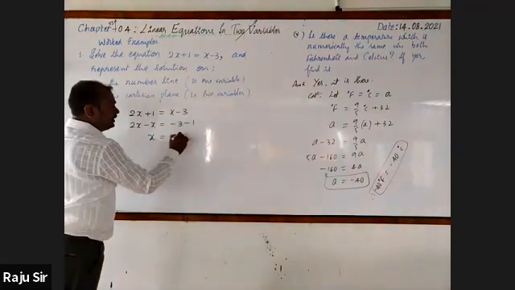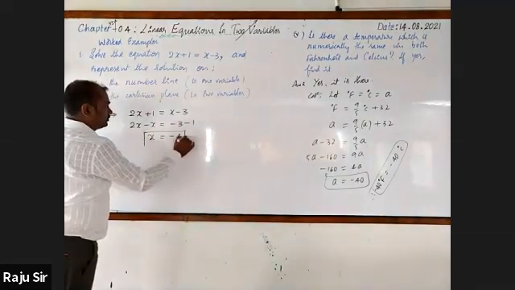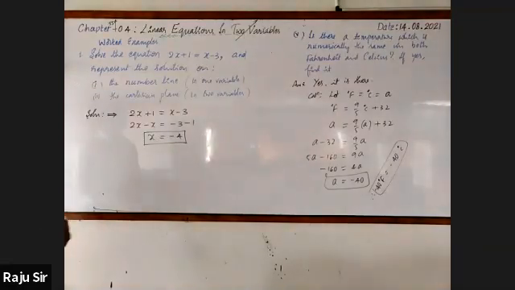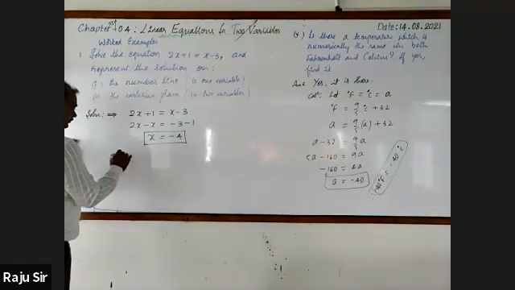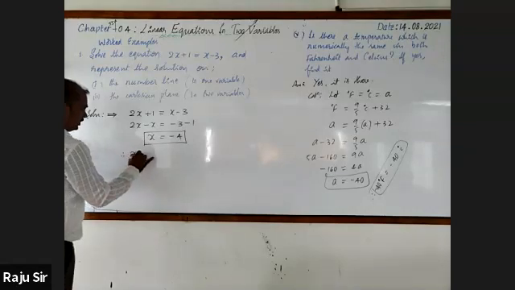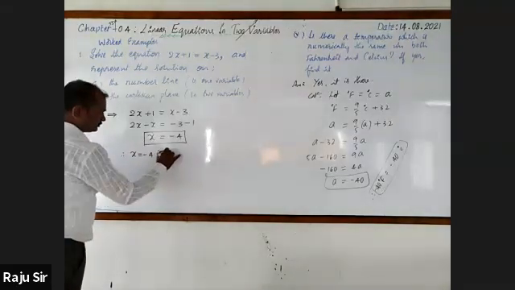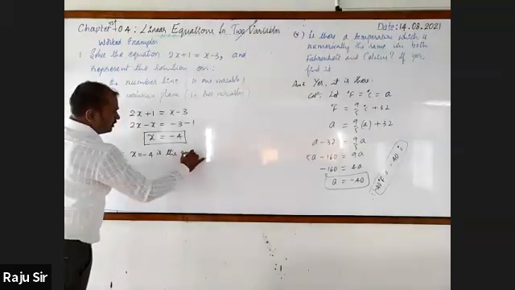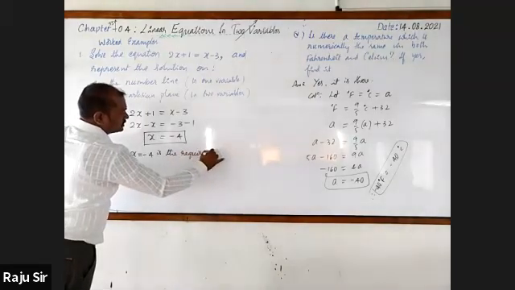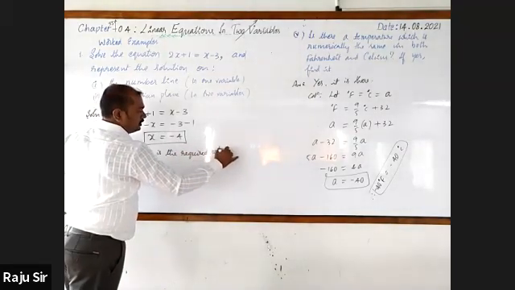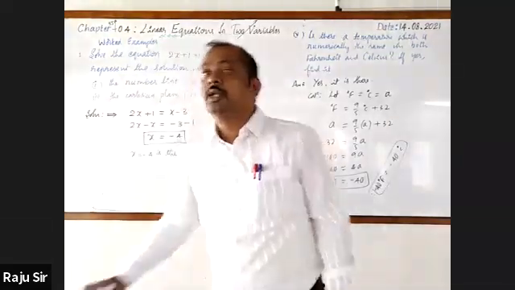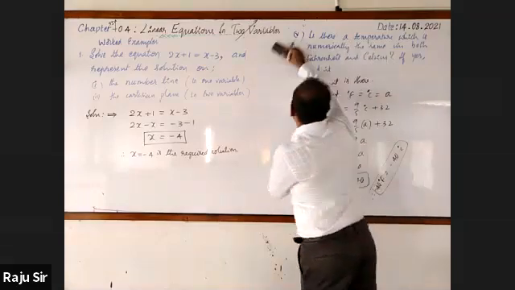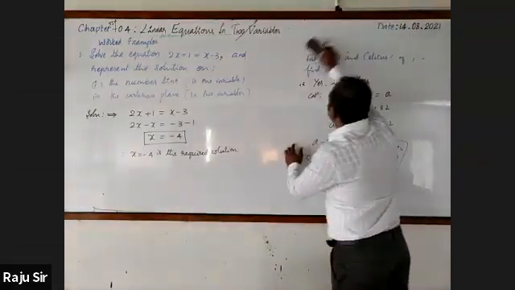Minus 3 minus 1 is minus 4. Therefore, x equal to minus 4 is the required solution. This solution should be represented in one variable, nothing but on the number line.